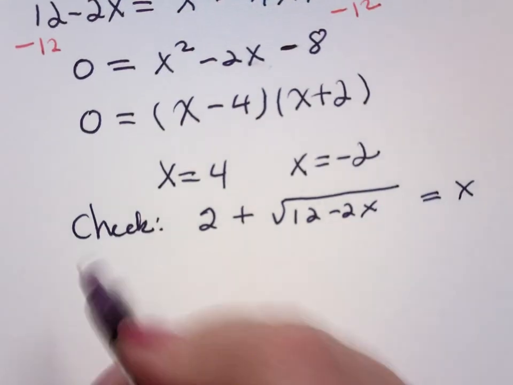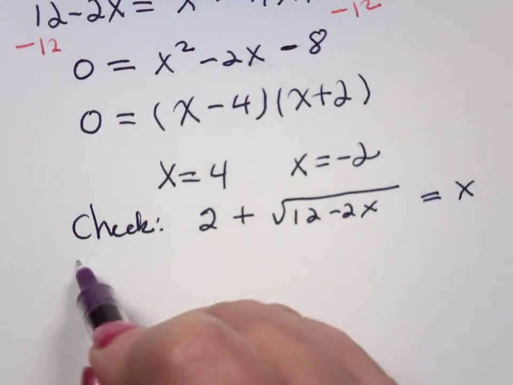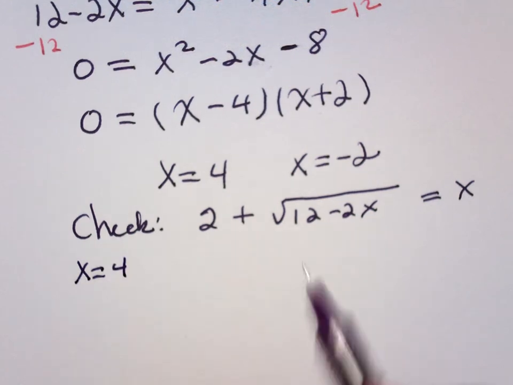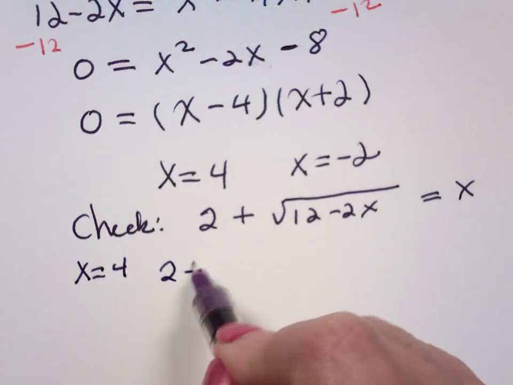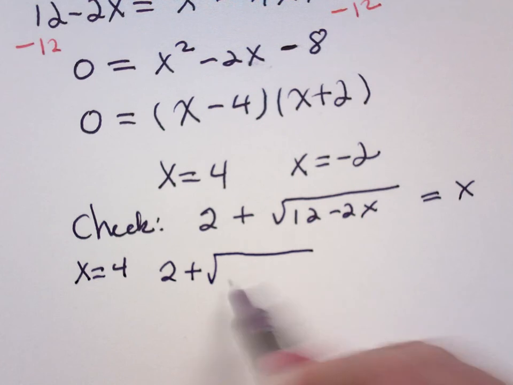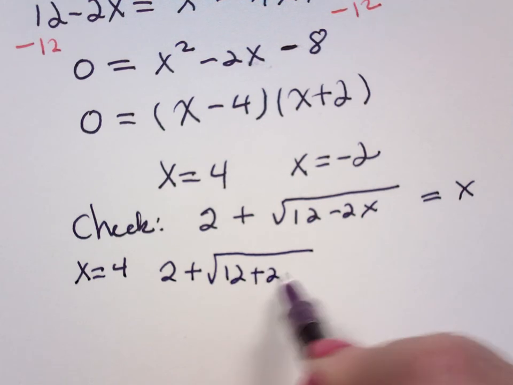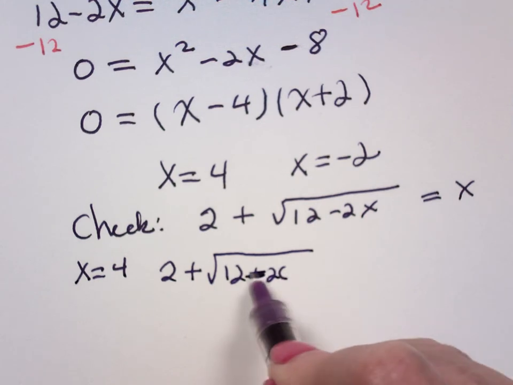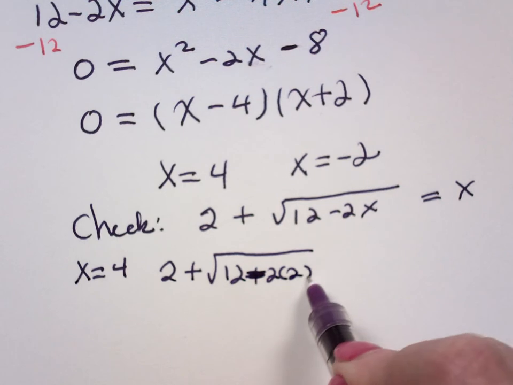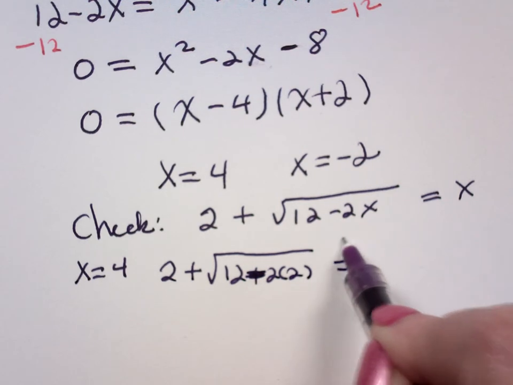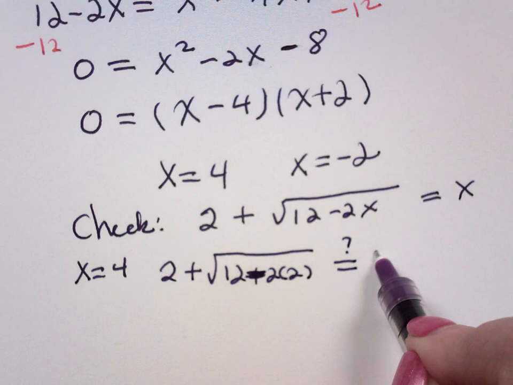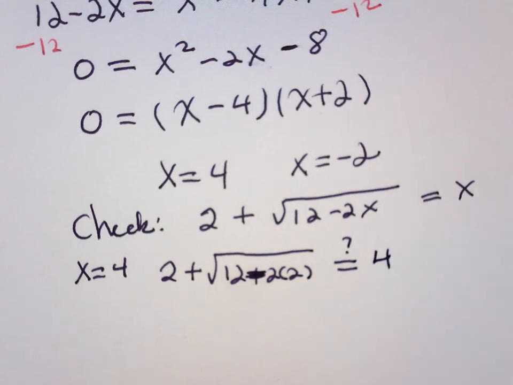So if x equals 4, is it true that 2 plus the square root of 12 minus 2 times 4, is that equal to x, which is 4?